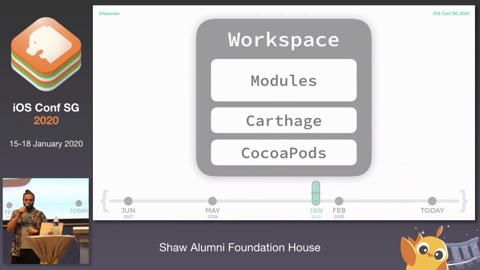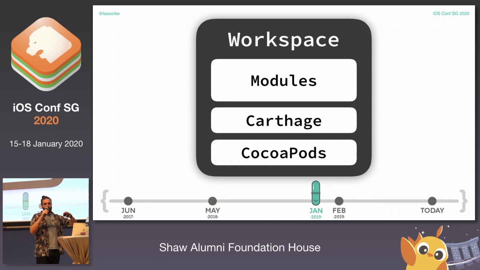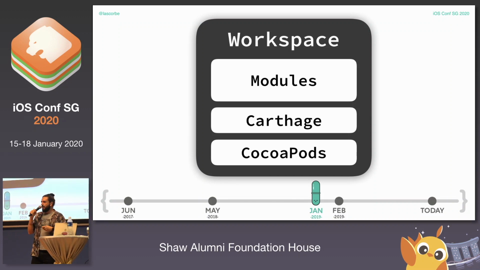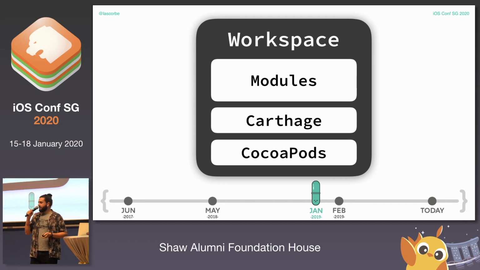So we're back on our project. We have a couple of feature models. We have 3 horizontal models. We have Carthage, we have CocoaPods, and we kind of solved all the issues. Everything was working more or less fine. We were good. So we said, hey, we are really good.